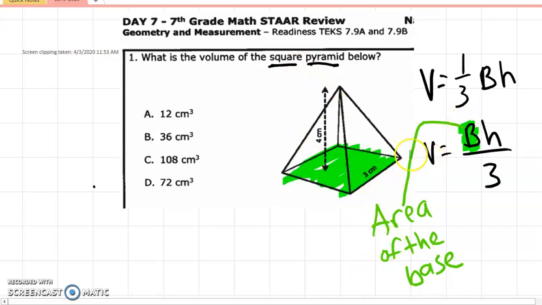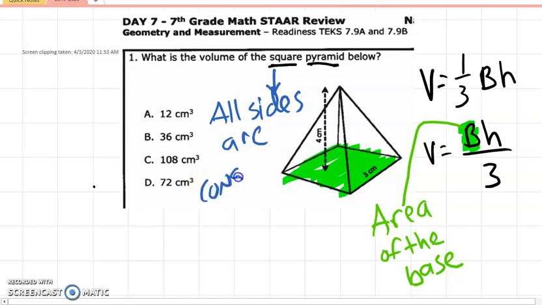And so then I need to know, what are the dimensions of the base? Well, I know it's a square, and that means that all sides are congruent. All sides are congruent in a square. So if this is 3, that means that this is also 3. And so now we can figure out the problem.